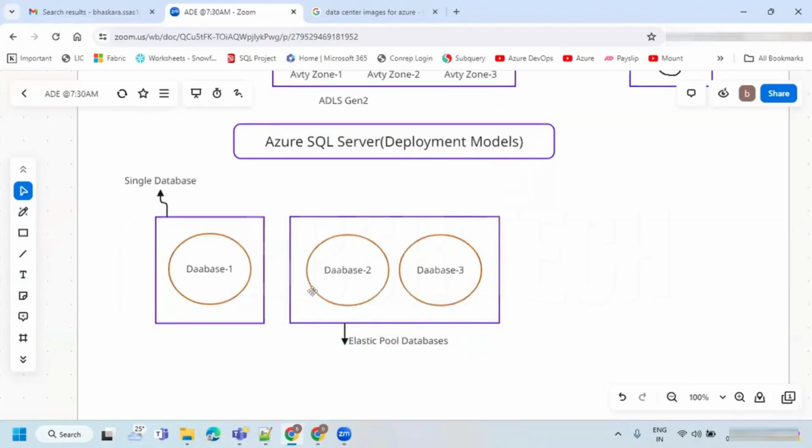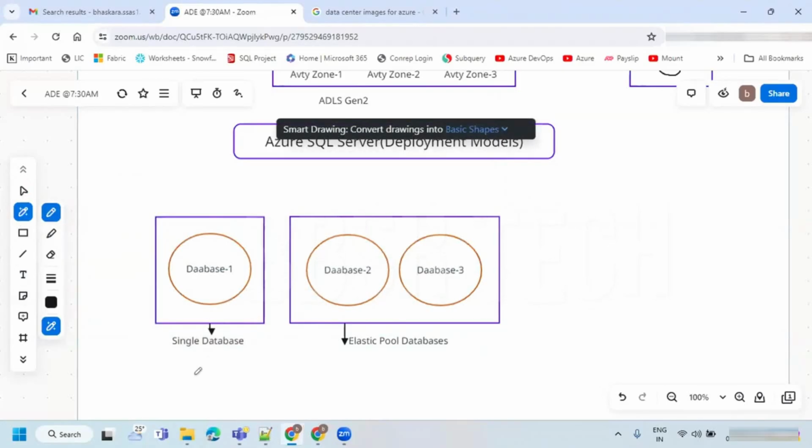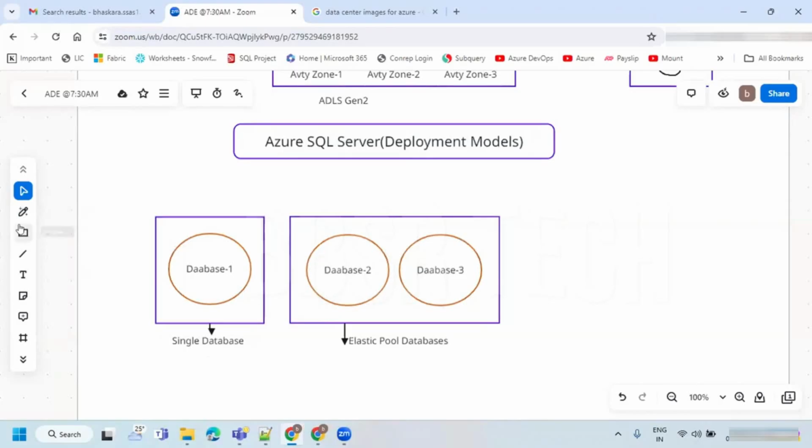Elastic pool databases. So this entire thing is going to be in a single place.